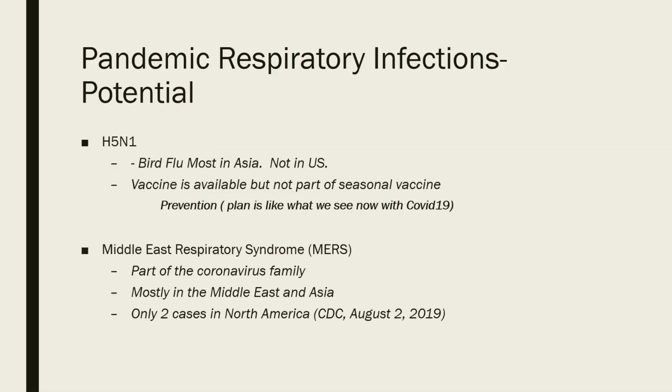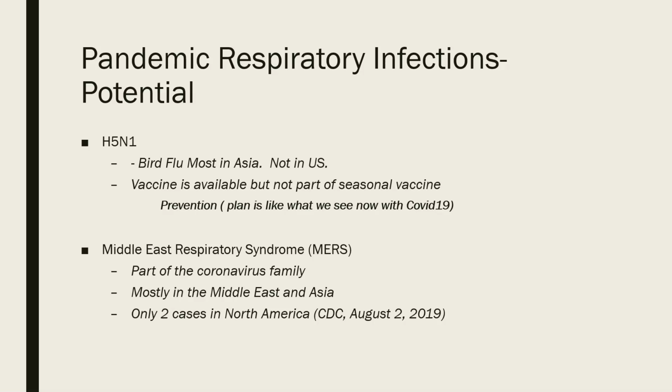Pandemic respiratory infections. Sorry, guys, I tried to get it right, but I couldn't. But anyways, these are pandemic respiratory infections that we have a potential for. H5N1 is the bird flu, and it's seen mostly in Asia. It has not been seen here in the United States.